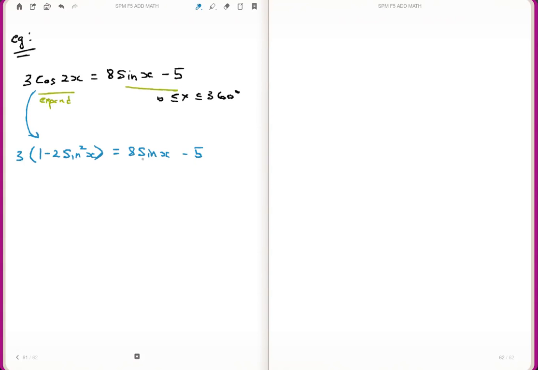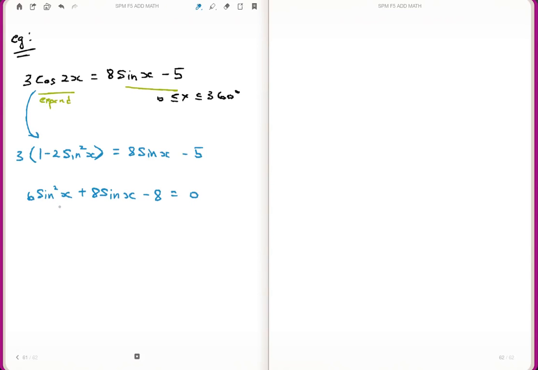Then you have sine already, you bring it over. This is negative, bring over this side, so your sine squared is positive. It turns out to be 6 sine squared x plus 8 sine x plus 3 minus 3, that will be minus 8, equal to 0.